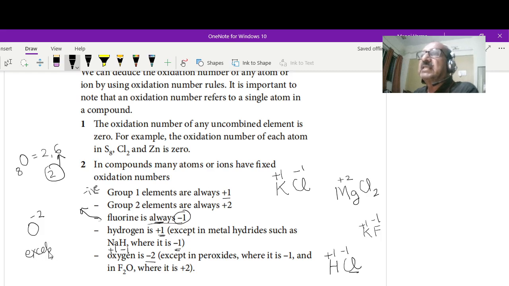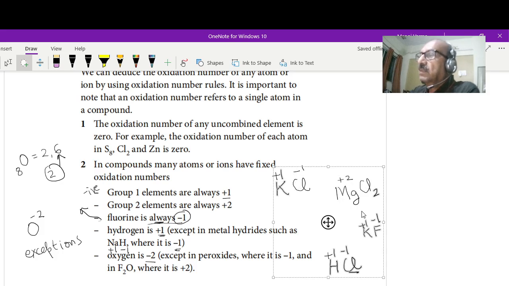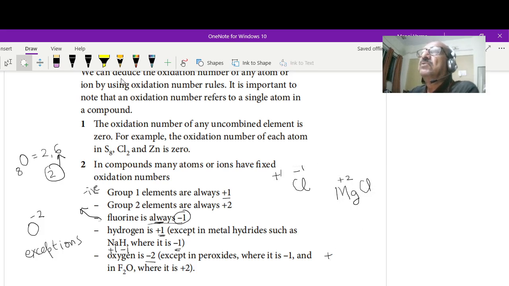What are the exceptions to the oxidation number of oxygen? -2 is most common, but let us consider a compound OF2.